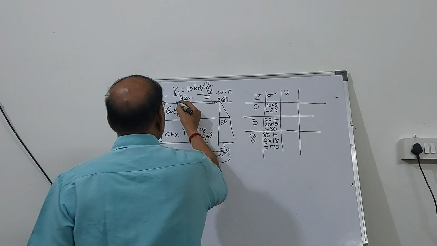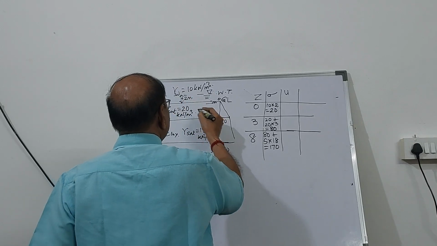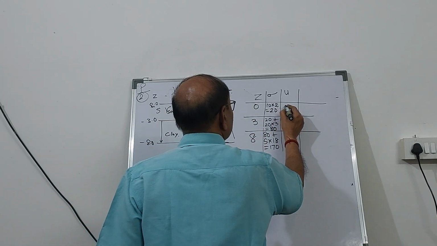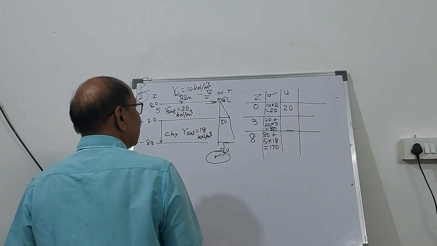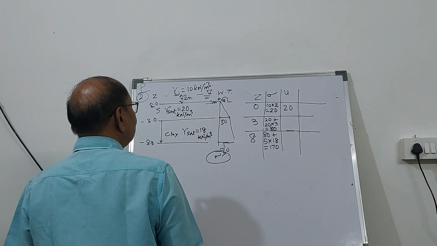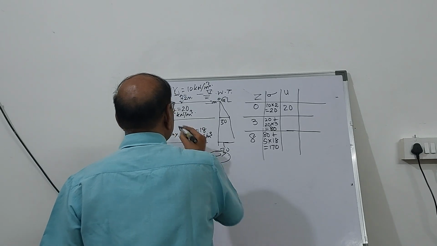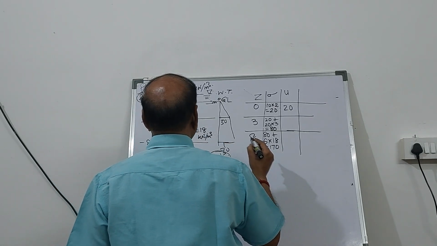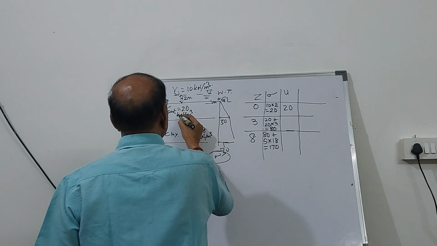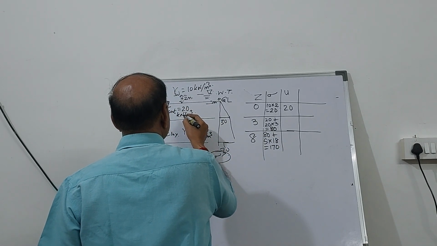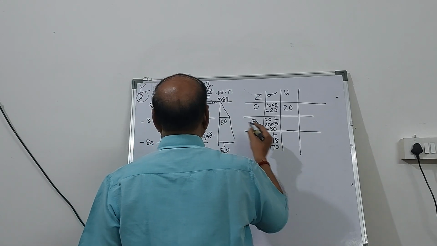And the pore water pressure in kilopascal can be calculated now. So at 0, there is a column of water of 2 meter, so it is 20: gamma W into the column of water above that point. Now at 3 meter, it will be equal to 20 plus 30, that is 50.